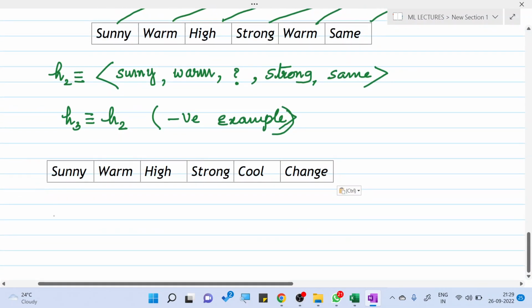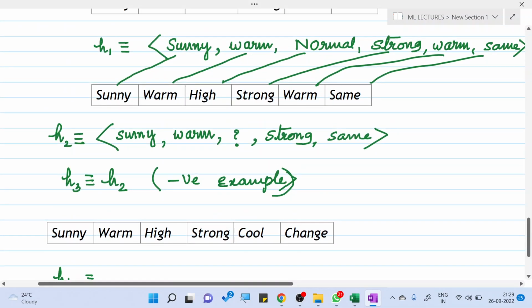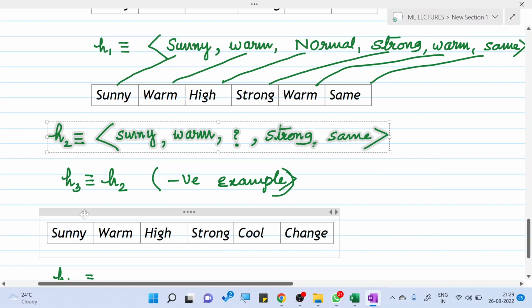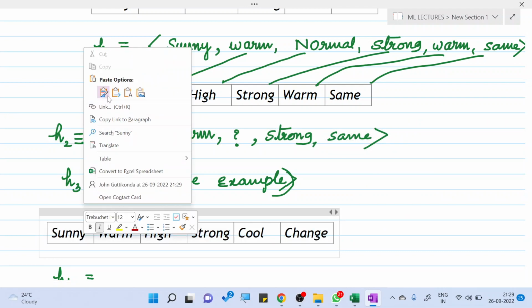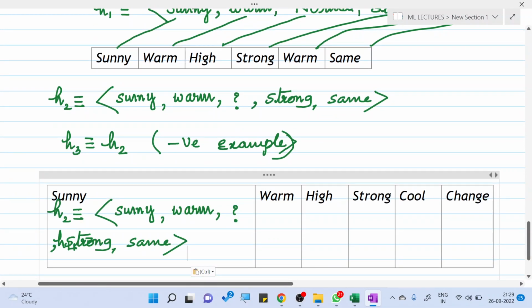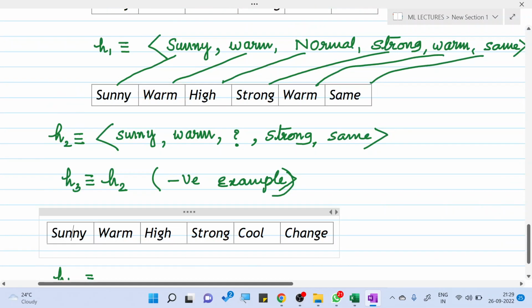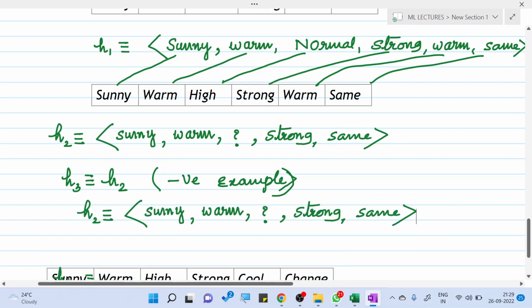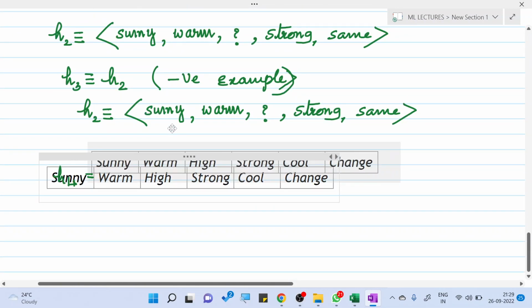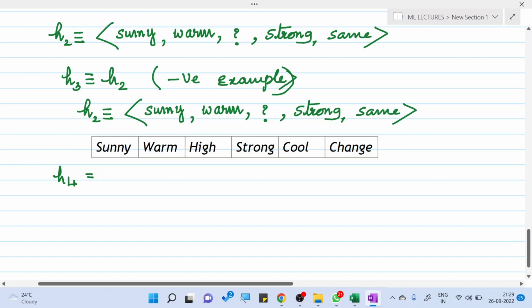So coming to H4, if you see here, let me, sorry, so if you compare these two, H2 which is H3, so sunny, both are same, this is same as H3.